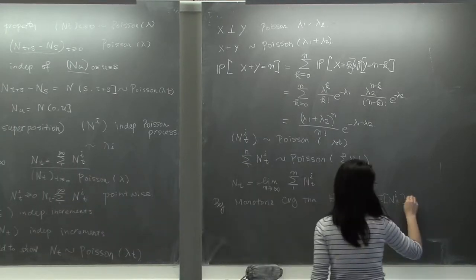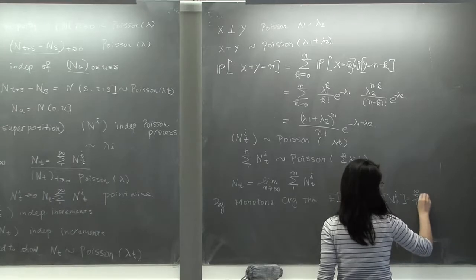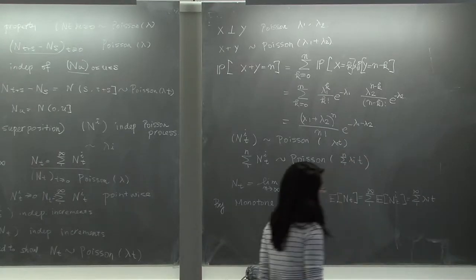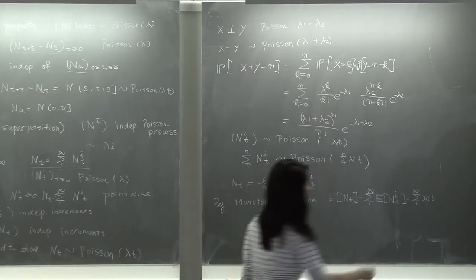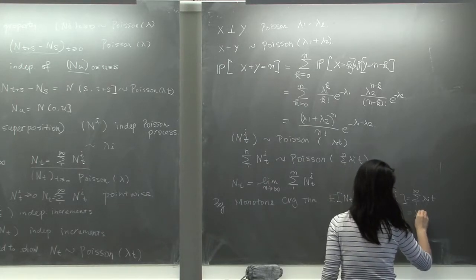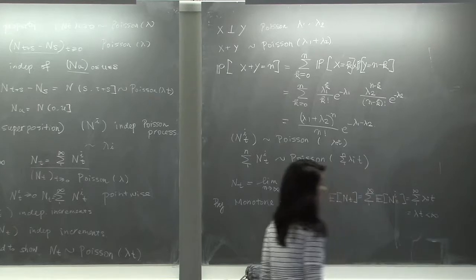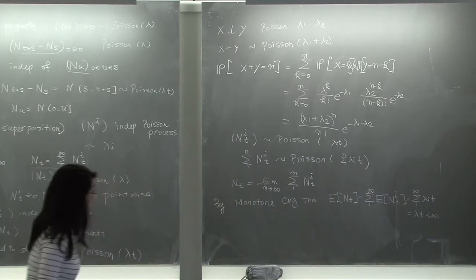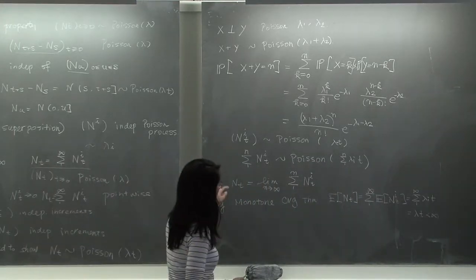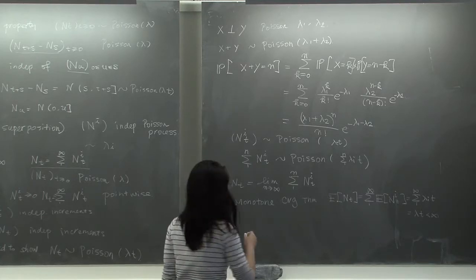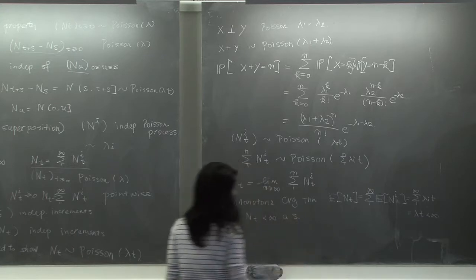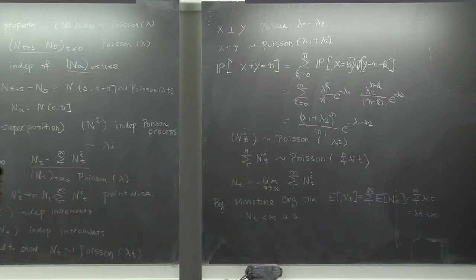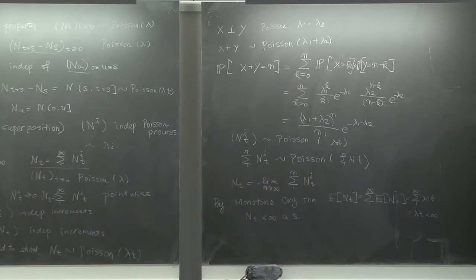So this gives us lambda t, because we assume that the summation of lambda_i is finite. So first, we know that this N_T is well-defined, and it is also finite almost surely, because the expectation is finite, so this random variable is finite almost surely.